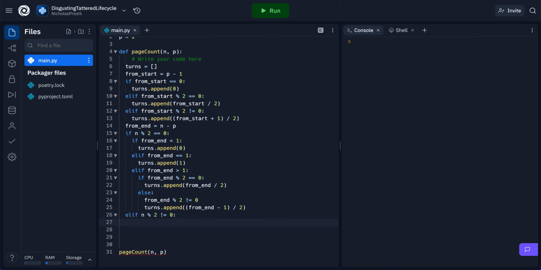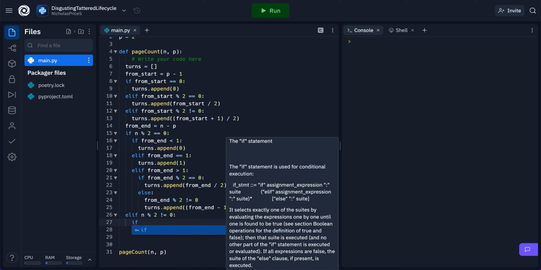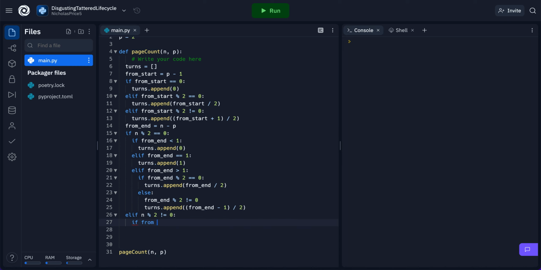So in the scenario that the book is an odd numbered book, that means it ends on the page to the right. So our first condition, if from end is less than or equal to 1, because think about that. Say the book now has 9 pages.